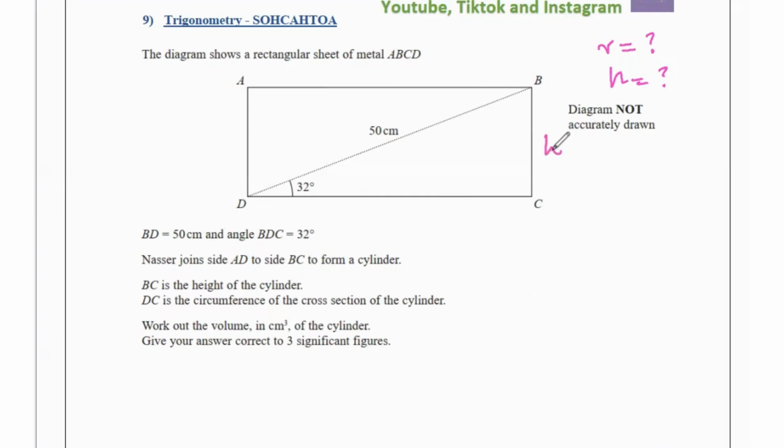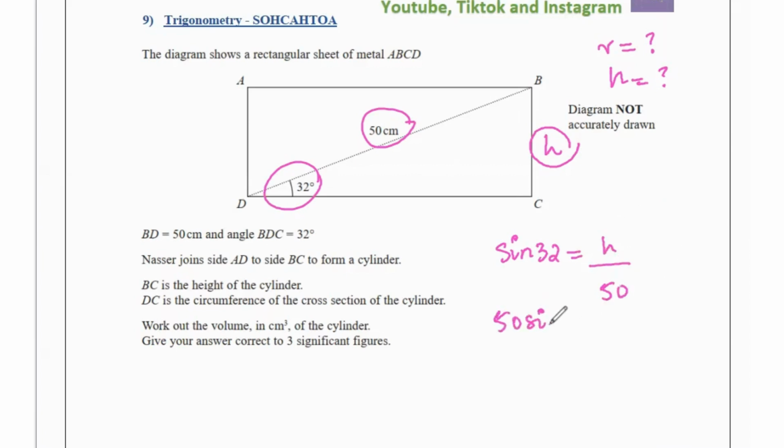Using SOHCAHTOA, we have the hypotenuse and the angle, and we have to find the opposite. So sine of 32 equals H over 50. So 50 times sine of 32 is going to give us the value of H, which is equal to 26.49 centimeters.